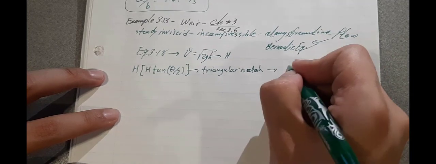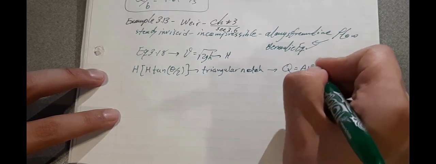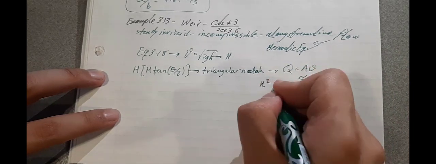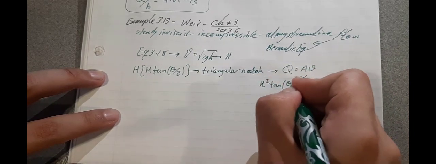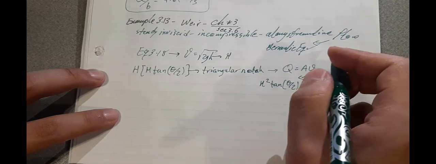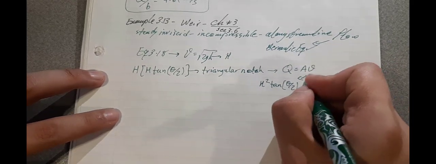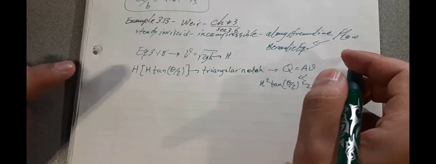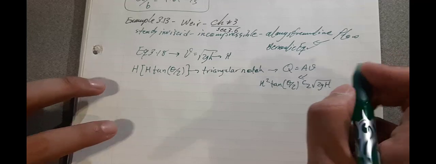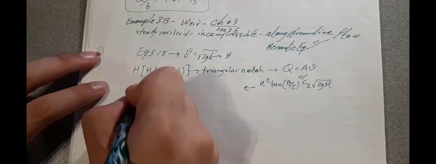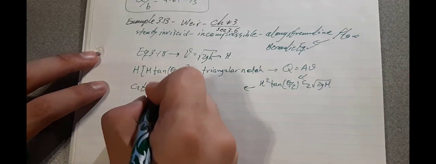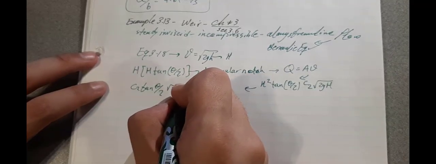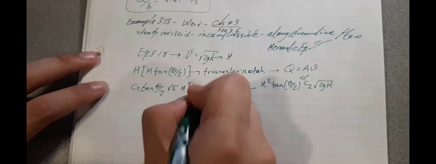We can have the flow rate as AV, so it is equal to H squared tangent of half angle multiplied by C2 square root of 2gH, which is going to be equal to C2 tangent of half angle square root of 2g H to the power 5 over 2.